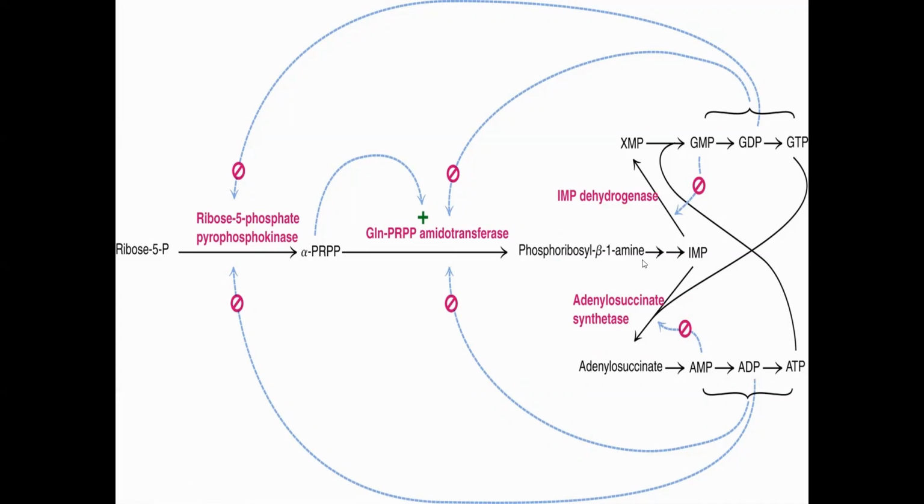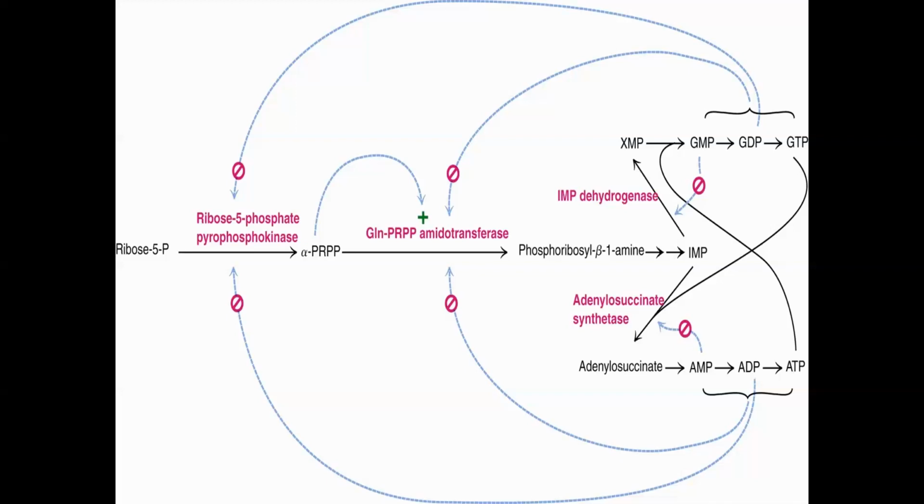ADP similarly inhibits aminotransferases and pyrophosphokinases. Similarly, if there is more GTP and ATP present in the cell, GTP cross-inhibits adenylosuccinate synthetase, and ATP inhibits IMP dehydrogenase. Remember, ATP and GTP just counterbalance their pathways so that their levels are maintained inside the cell.